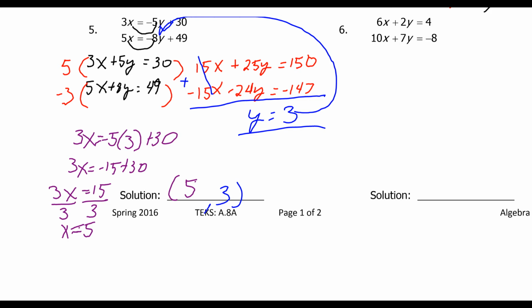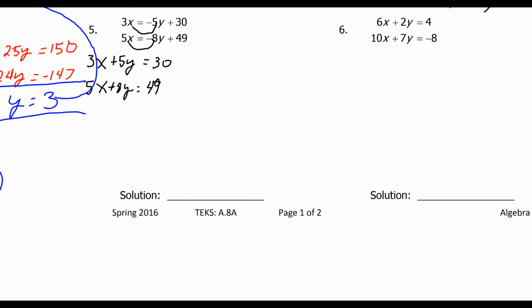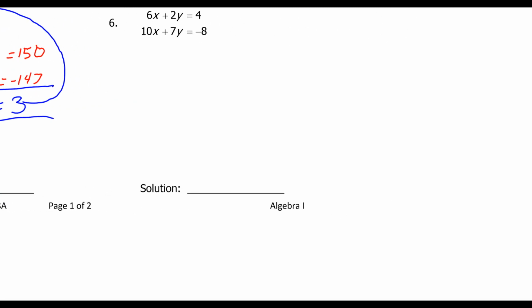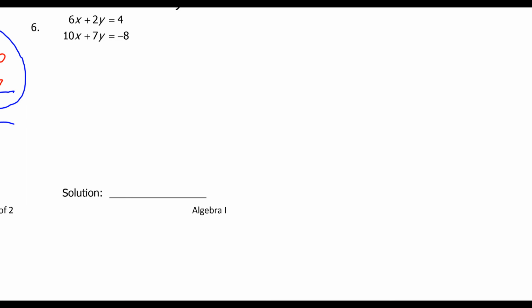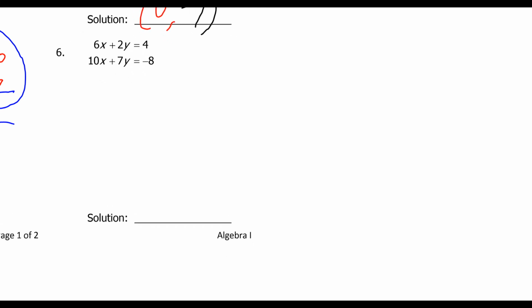Okay, now, it's going to be a very similar procedure on number 6, except we don't have to rearrange anything. All right, so let's go ahead and give that a shot. All right, on number 6, what do you think we could multiply by to get a 0 pair?